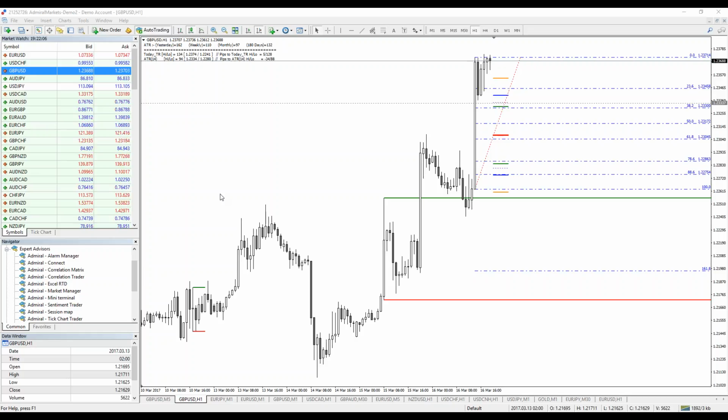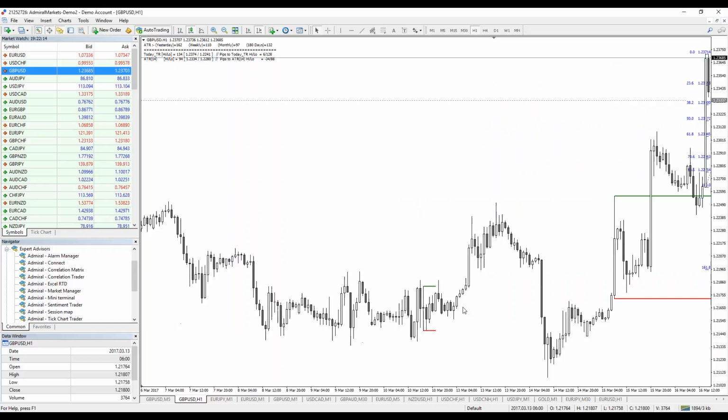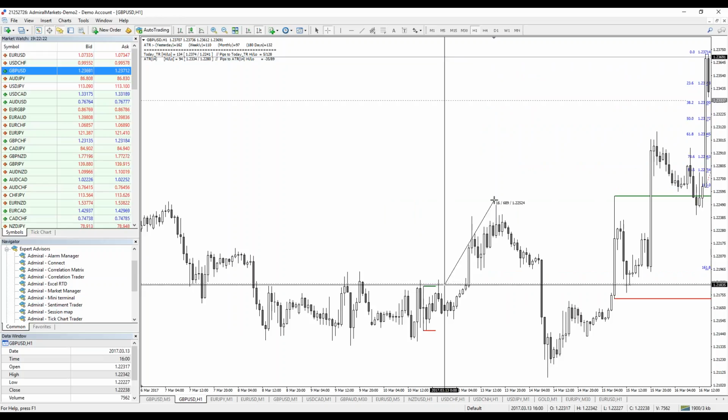Don't try to go with a volatility based trading approach if the market does not have volatility. Master candle here, you can see master candles 1, 2, 3, 4, breakout to the upside here, and up we go. So you can see master candles are also successful in Forex trading.